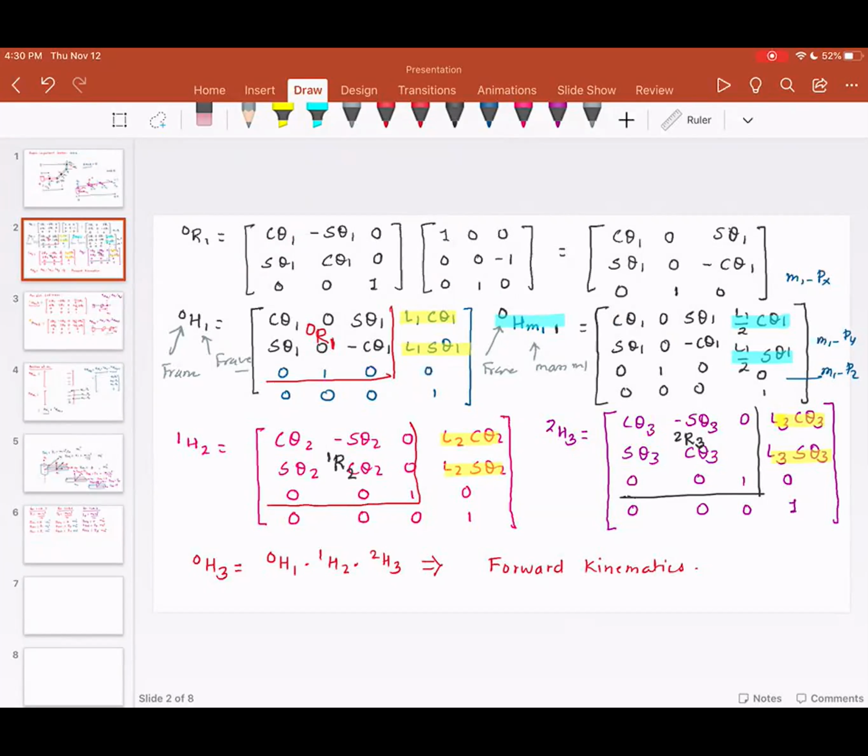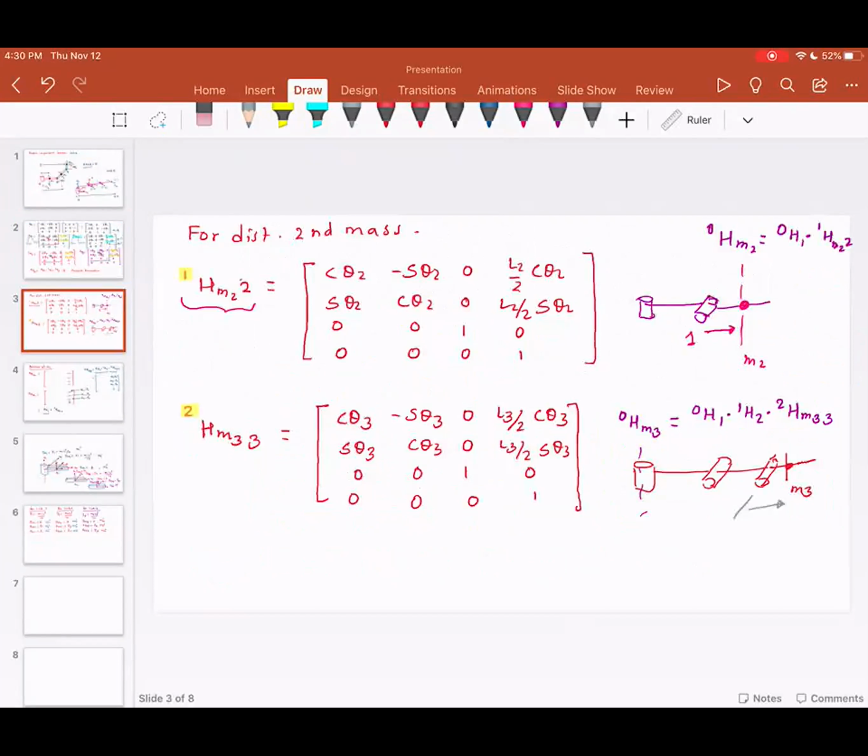And then we talked about how to find the homogeneous transformation for mass 3. Now, we derived these matrices and we used them in the equations, and we actually programmed those equations.